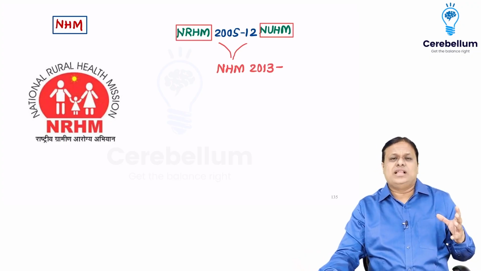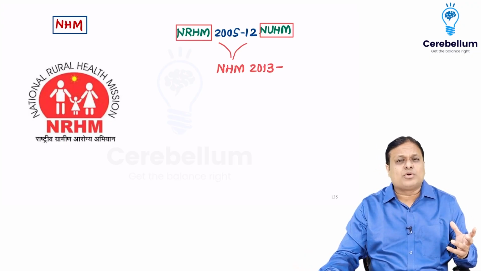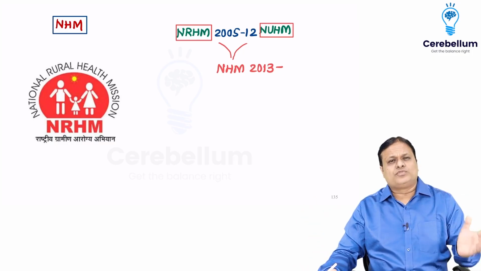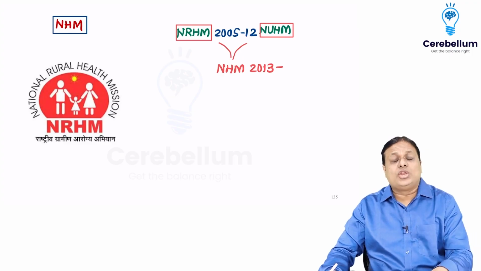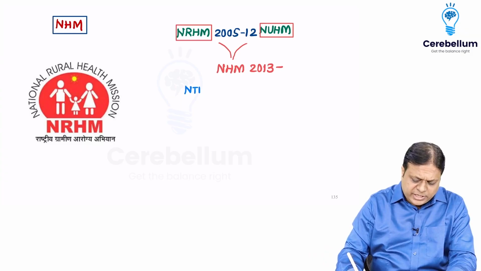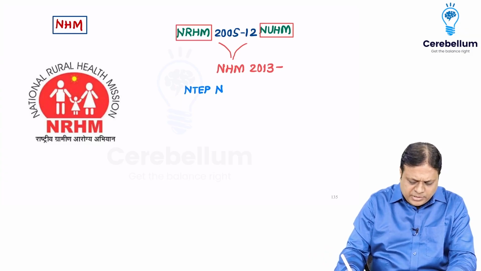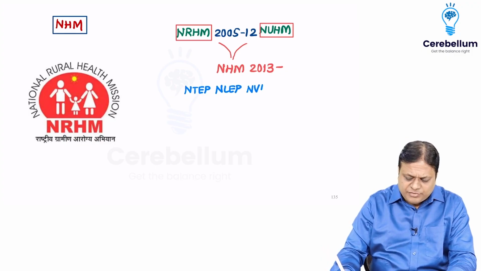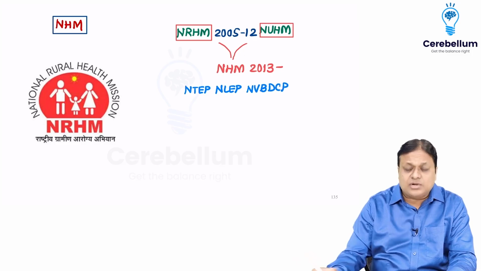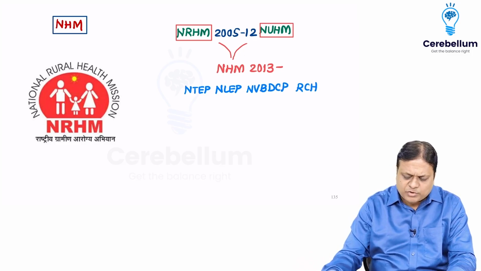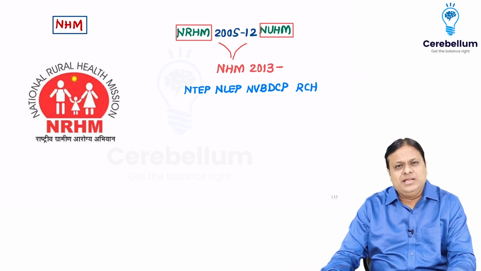Now, why am I saying National Health Mission is the largest public health program of India? Because it is a combination of multiple programs, both from the communicable disease side as well as the non-communicable disease side. It includes the National TB Elimination Program, National Leprosy Eradication Program, National Vector-Borne Disease Control Program, and RCH program from the communicable disease side.